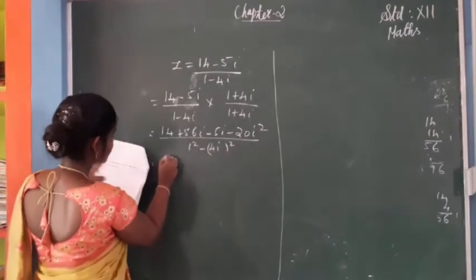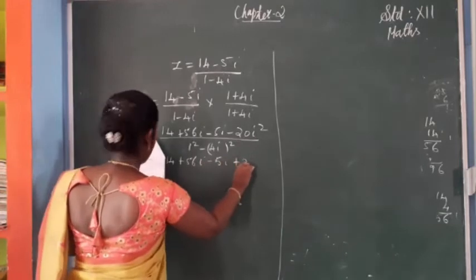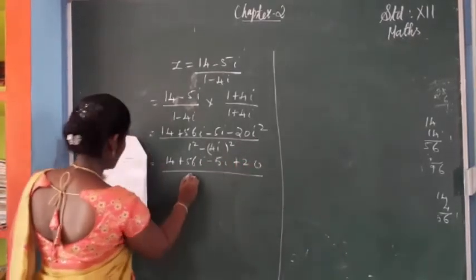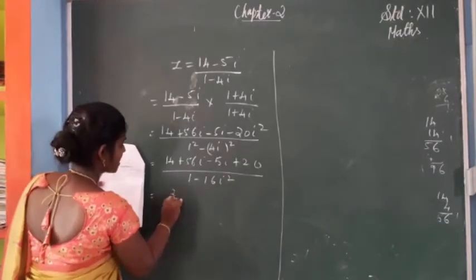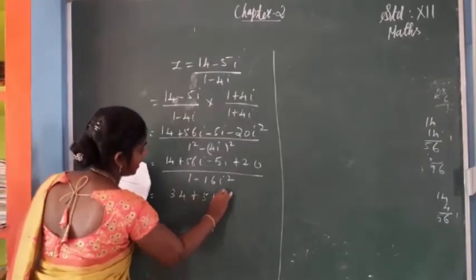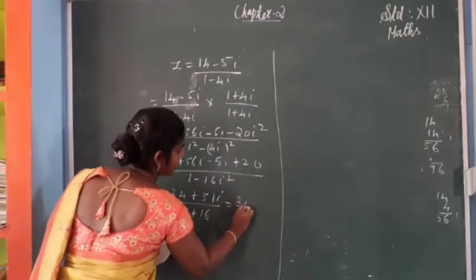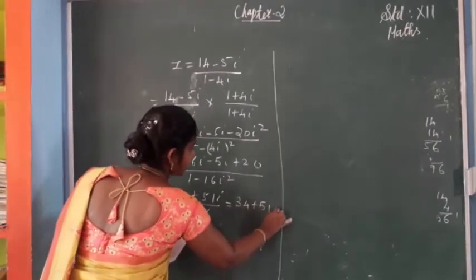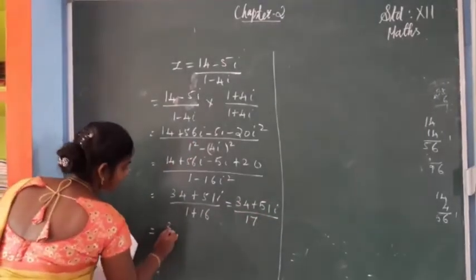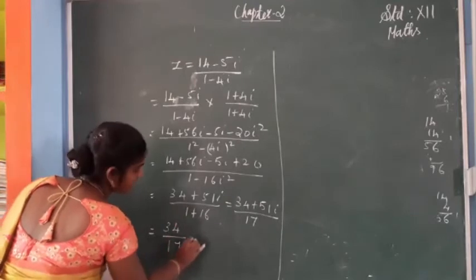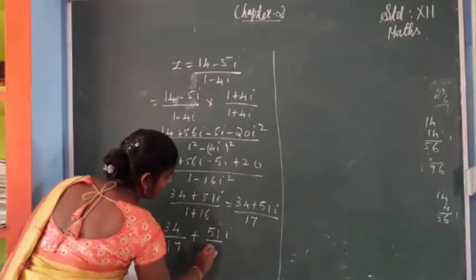That's equal to 14 plus 56i minus 5i plus 20, divided by 1 minus 16i square, equal to 34 plus 51i divided by 1 plus 16, that's equal to 34 plus 51i divided by 17, that's equal to 34 divided by 17 plus 51i divided by 17.